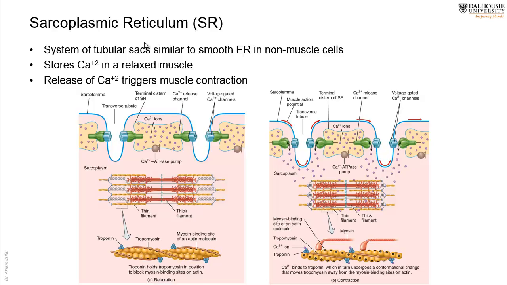So when there's an influx of calcium, the heads of the golf clubs will attach to the thin filament, and change their shape in such a way that they flex and pull the thin filament in. And here again, the thin filament will be pulled in, and this results in muscular contraction. Okay?